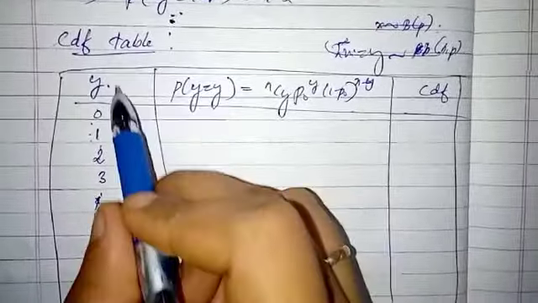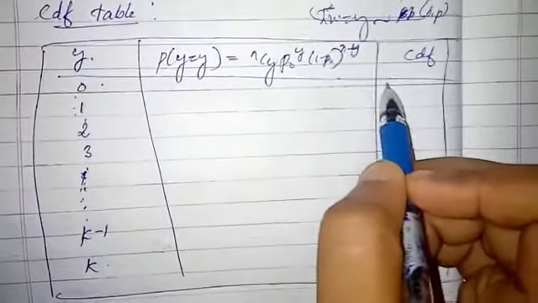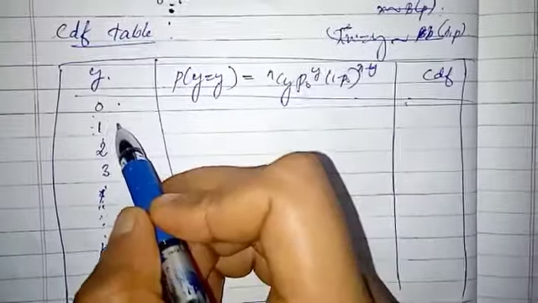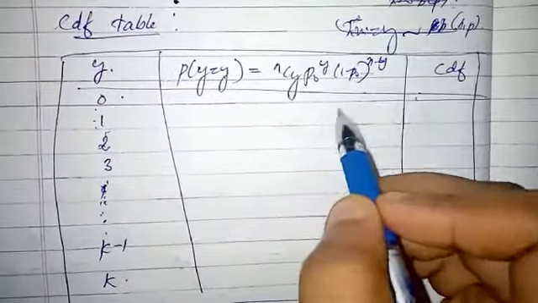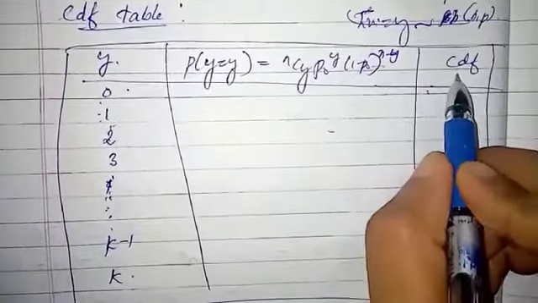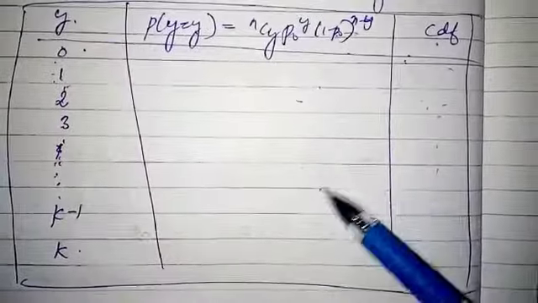So first we want to obtain the value for Y equal to 0. Then what is the density? That is the same as the CDF, right? Next we obtain the density value when Y equal to 1. Then we obtain the CDF, that is the cumulative density, by adding the density values corresponding to these.